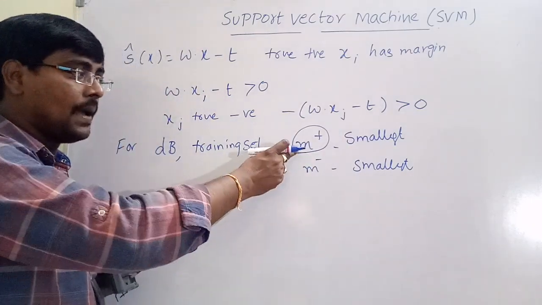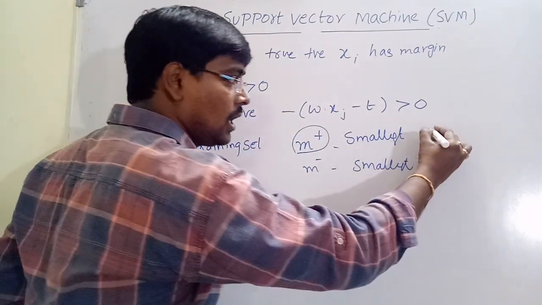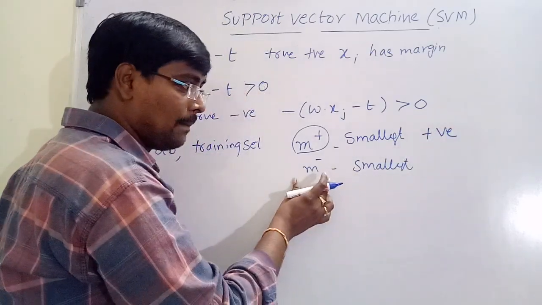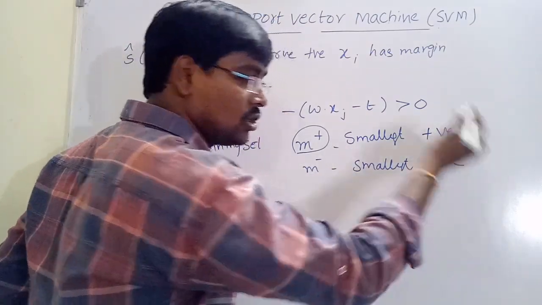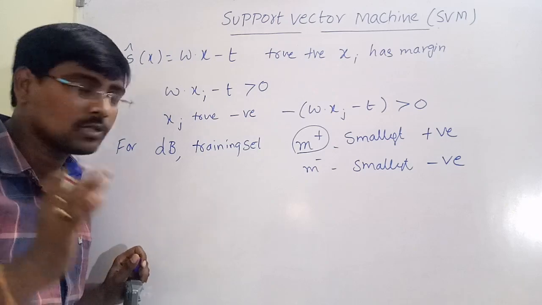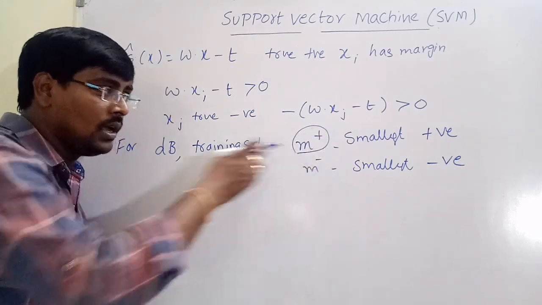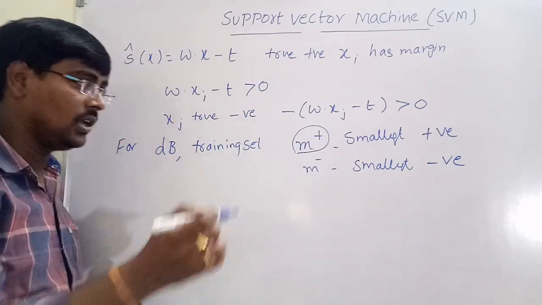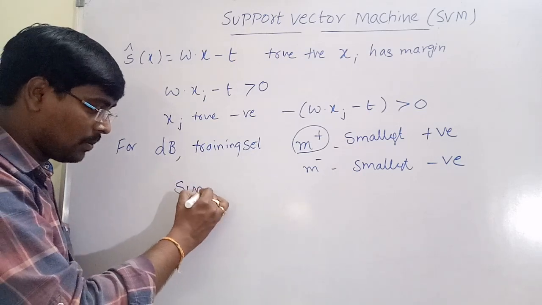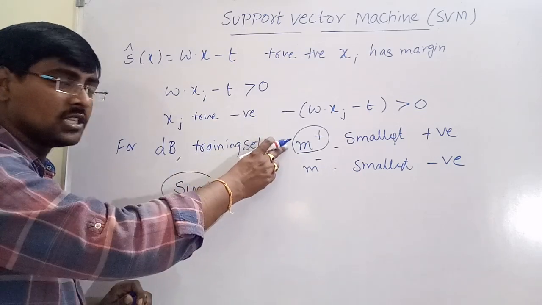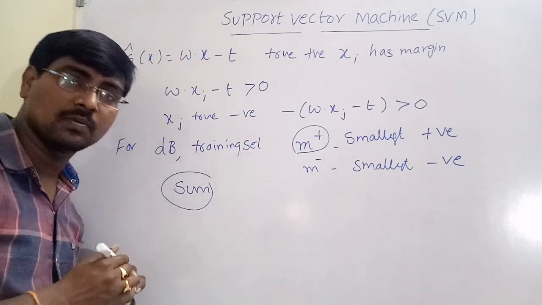M plus is the smallest margin of any positive, and m minus is the smallest margin of any negative. And remember, the sum of these margins should be as large as possible.